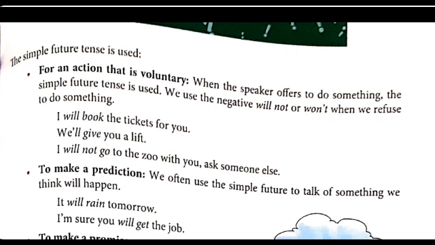Now, when do we use the simple future tense? For an action that is voluntary. That means when the speaker offers to do something, the simple future tense is used. We use the negative, will not or won't, when we refuse to do something. It can also be used to make a prediction.